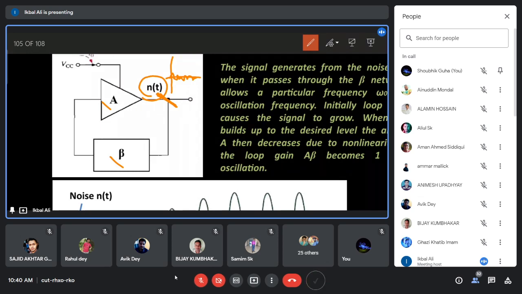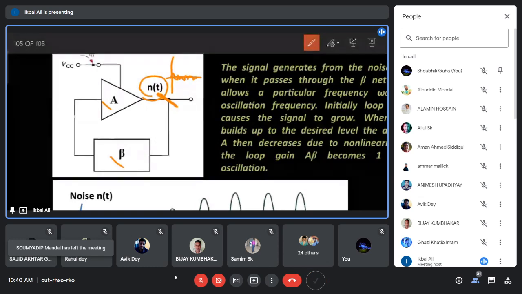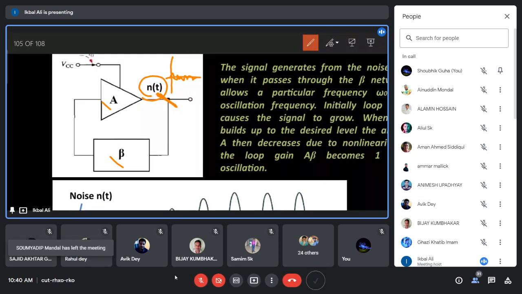Suppose you consider a particular noise amplitude here, and this noise signal travels through this beta network, and you have made A beta equal to 1. You have made the loop gain 1.